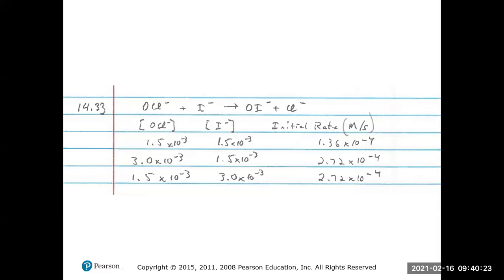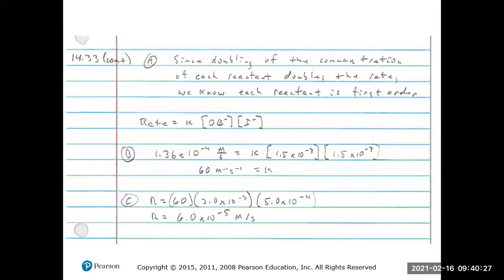So that's all pretty good information that we want. Since we see that a doubling of the concentration results in a doubling of the rate, we know that each of the reactants is first order.